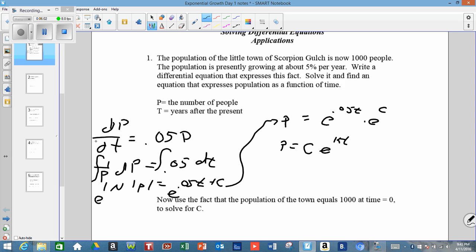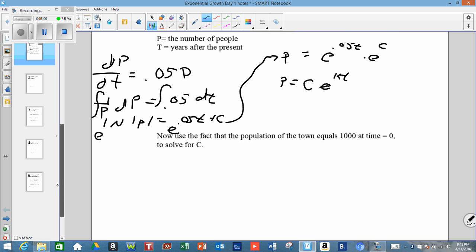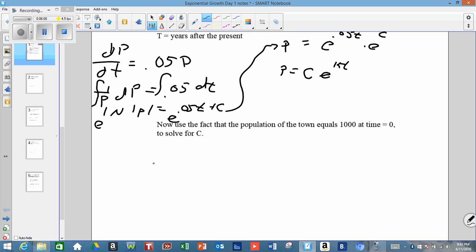Then it says, let's take that equation and use the fact that the town equals 1,000 at time 0 to actually solve for C. So the population is 1,000 equals C e.